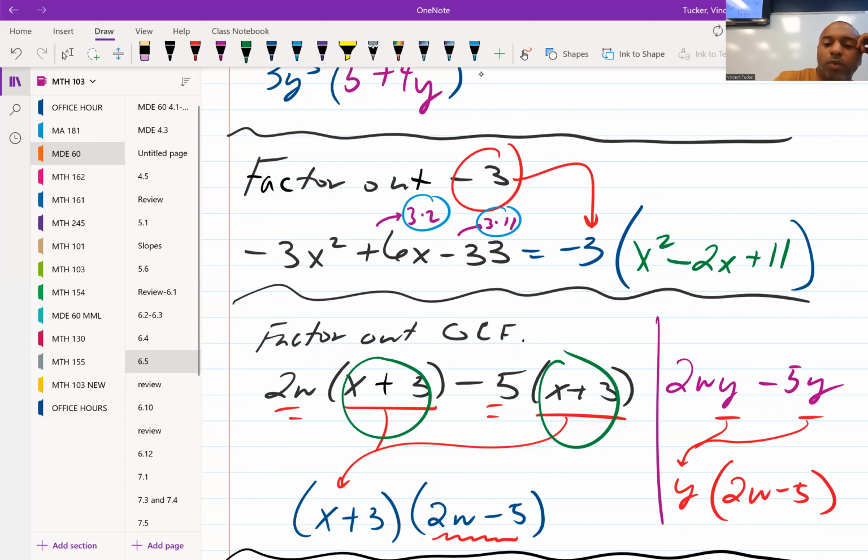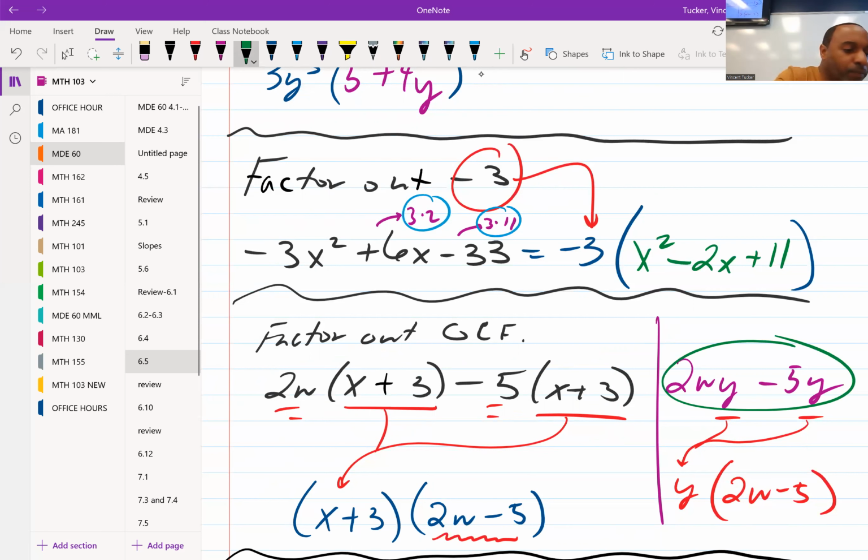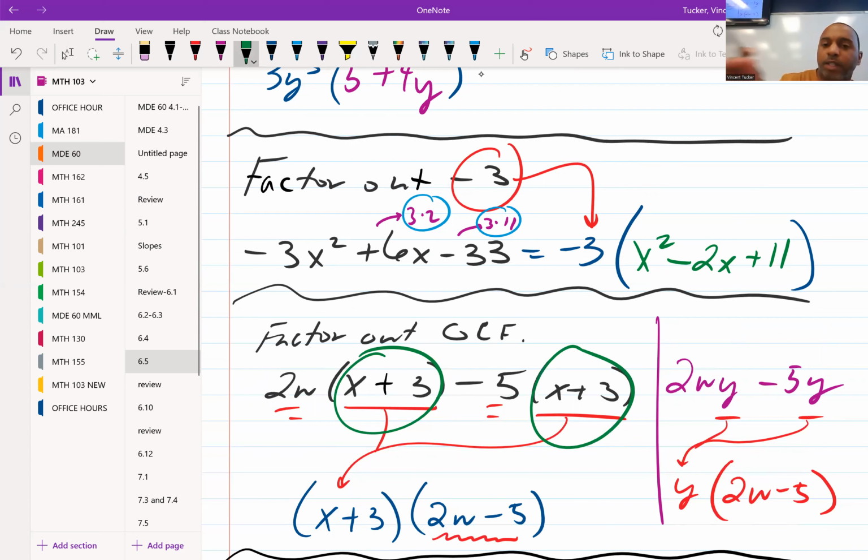So we would treat that the same way we would treat a variable. If this was written as 2wy minus 5y, and we saw that y was in common, we would just pull the y to the front and you'd be left with 2w minus 5. So the same thought process happens here. It's just that we have an expression that's in common, x plus 3. So you bring the x plus 3 out front and you're left with 2w minus 5.